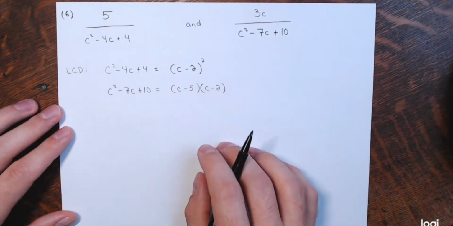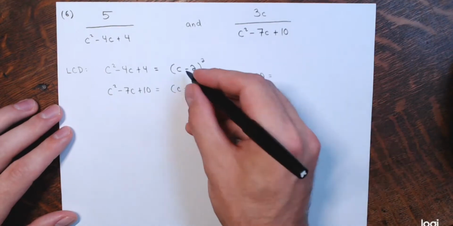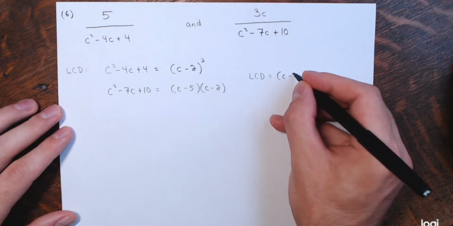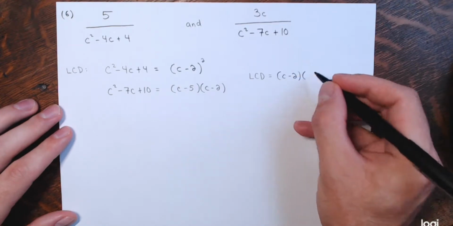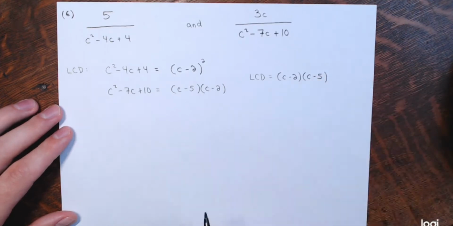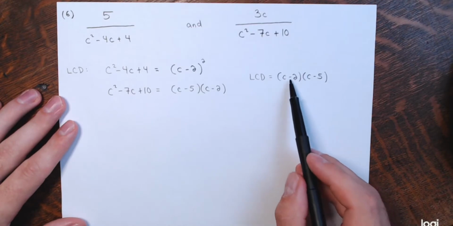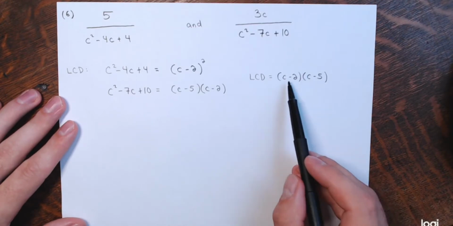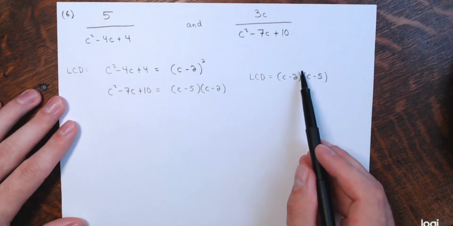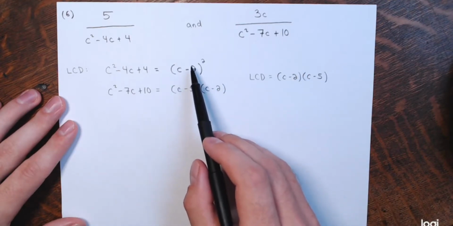All right. So the LCD is going to have a c minus 2 as a factor to some power, and a c minus 5 as a factor to some power. And once again, look at each factor. What's the highest power you see on that factor in these factorizations of the denominators?